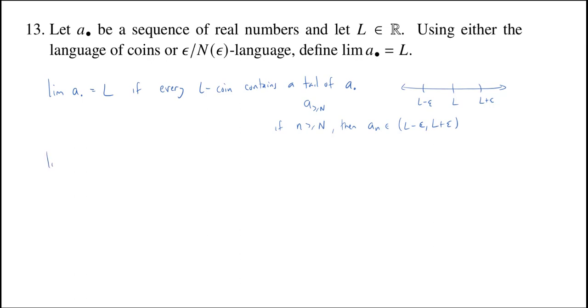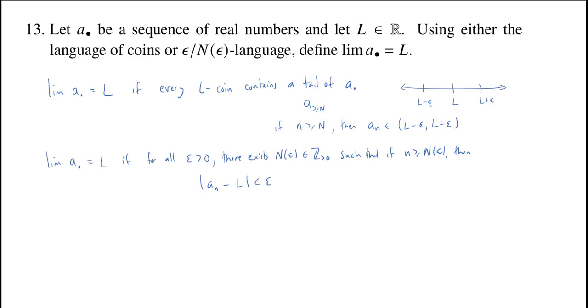The second version, using the epsilon, N of epsilon language, which you can almost see right here, we typically say: for all epsilon greater than 0, there exists some positive integer N of epsilon such that if little n is at least as big as N of epsilon, then the distance between a sub n and L is less than epsilon.